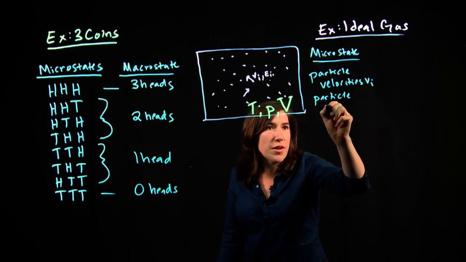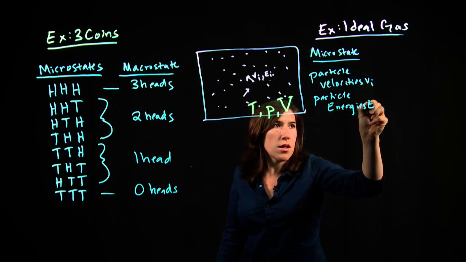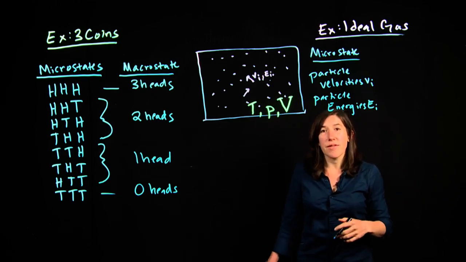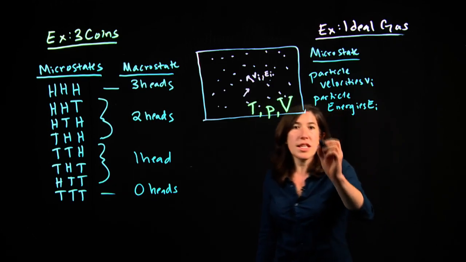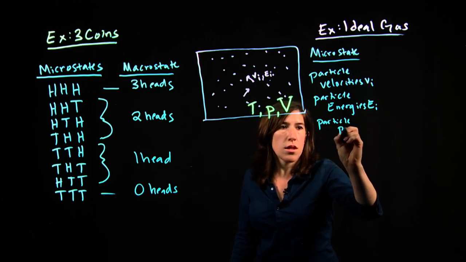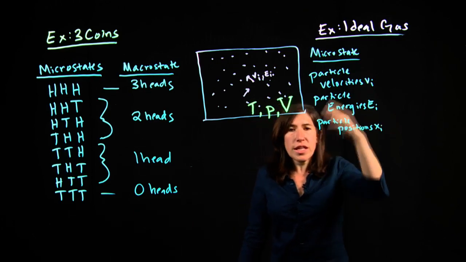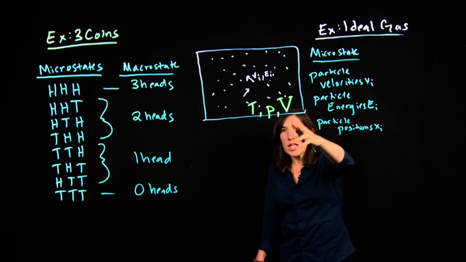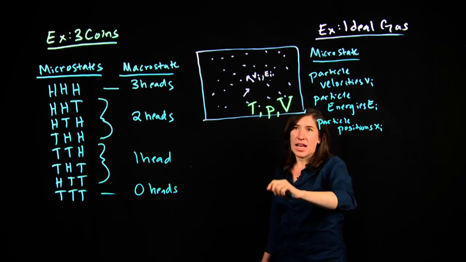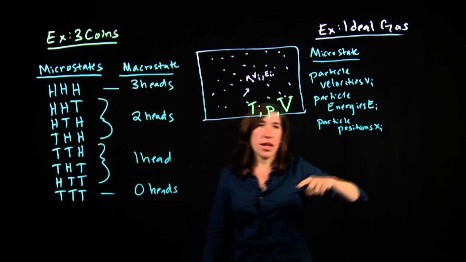Of course, if you know all the particle velocities, you could compute the kinetic energy of each particle. The positions. So if you wanted to know exactly everything that's going on in this ideal gas, you would have to track every single particle and say, what is this particle's velocity?